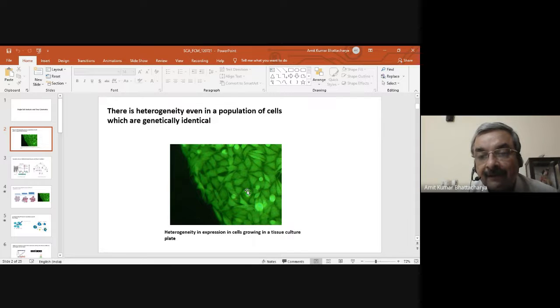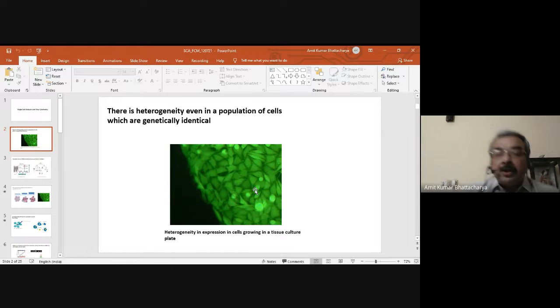Let's say there is more cell crowding, and that makes some cells in this region express more of this protein. Or it could be that these cells here have a nutrient condition in this small locality which is different from the overall nutrient condition there. There could be small differences in the concentration of nutrients, which can actually decide this.